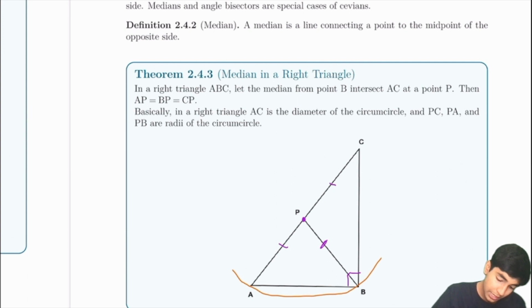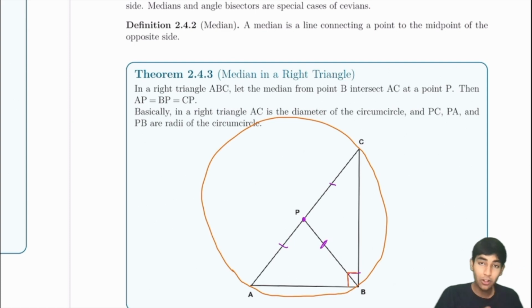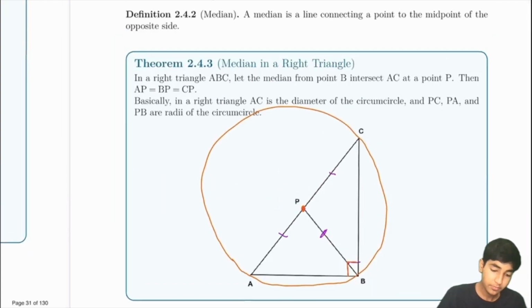Remember from the previous video, we learned inscribed right triangles? Well, if we draw a circle around it, this is an inscribed right triangle. So if AC is the diameter of the circle, then P is the center, and you can see that these are all radii of the circle, which are equal. So that's why this property is true.